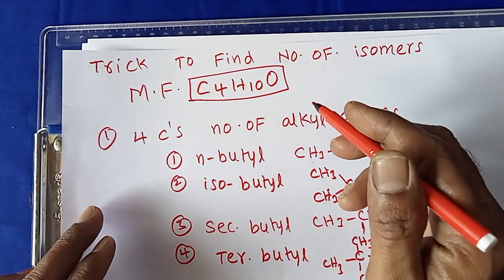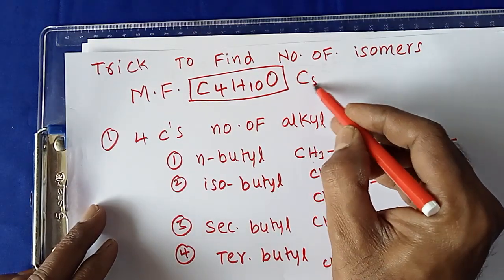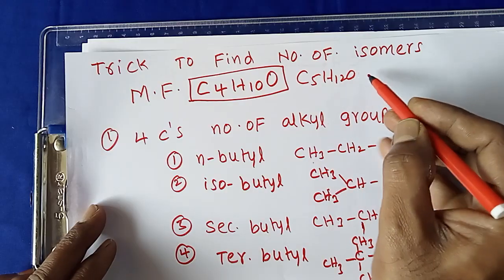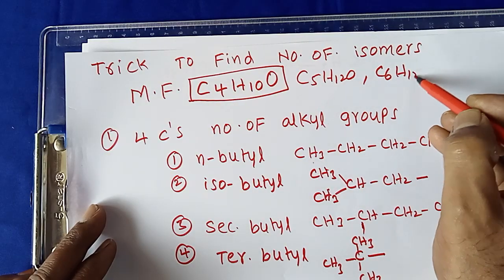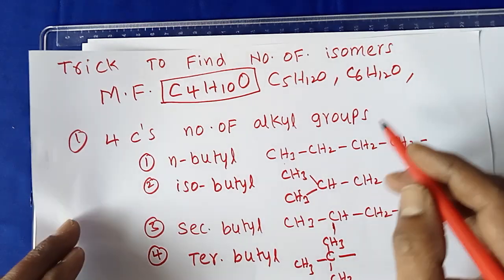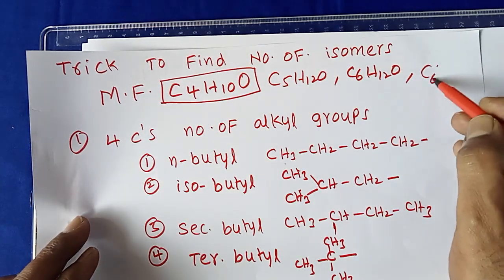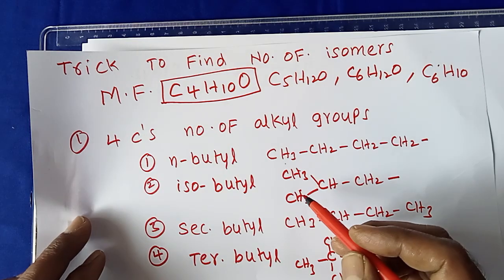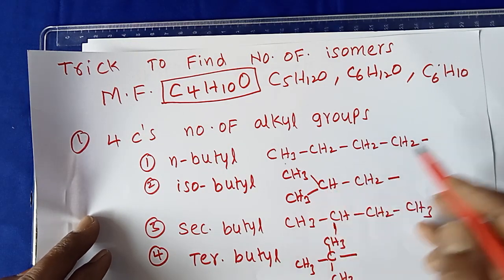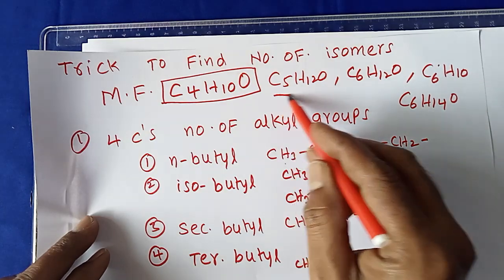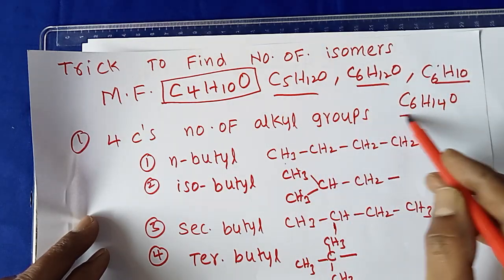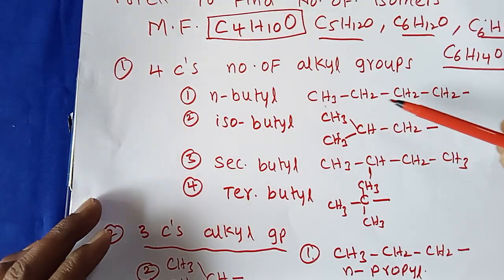If you want another isomer also, C5H12O, next C6H12O, next C6H10, number of alkynes, next C6H14O. In all these molecular formulas, we can use this trick.